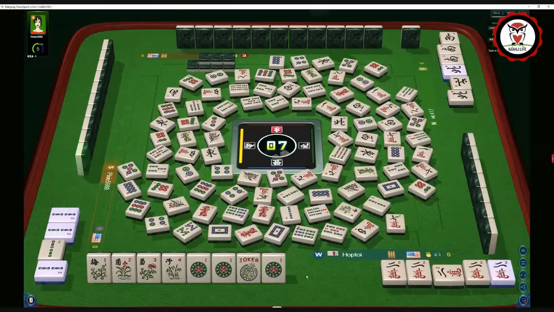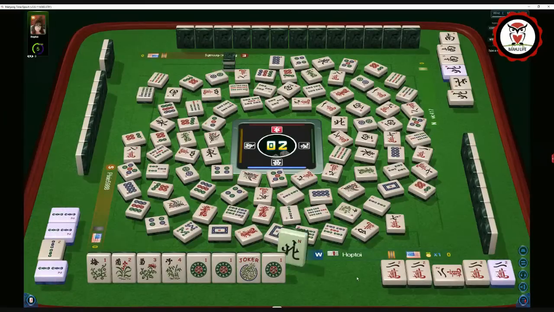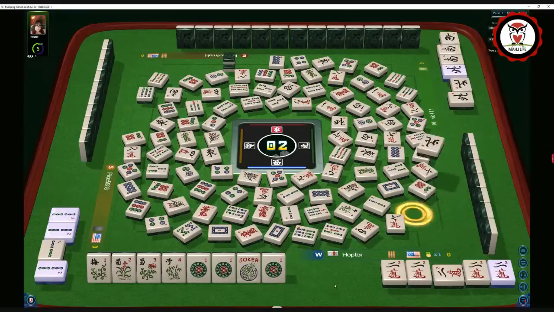We might have sent everybody to defense here. 6 dots. 8 characters. Anybody playing to win would discard a 1 dot. 9 bamboos. We still get 1 more pick. 9 bamboos. 1 more pick. 6 bamboos. North, exchange for Mahjong. North wind. Thank you. Mahjong.